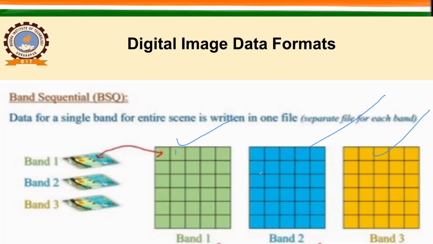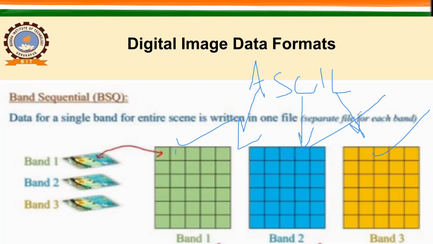So you can generate one ASCII file for this, one ASCII file for this, and one ASCII file for this, and then it is known as band sequential data format.